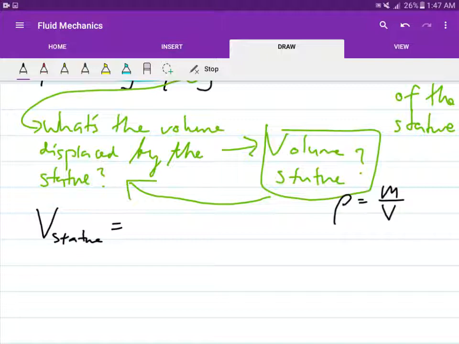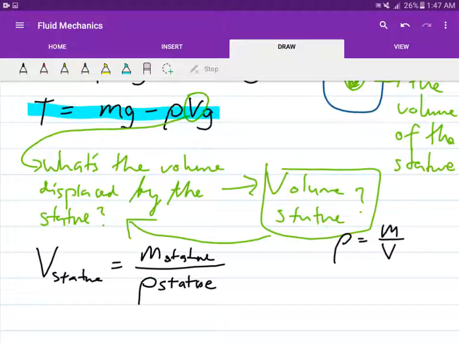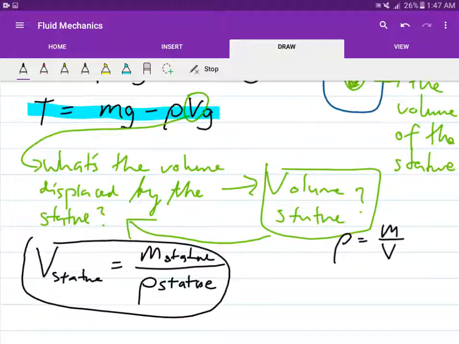So volume of statue is equal to mass of the statue over density of the statue. So take note, this is density of the statue, not the fluid. Okay, so let's bring this expression back to this equation.